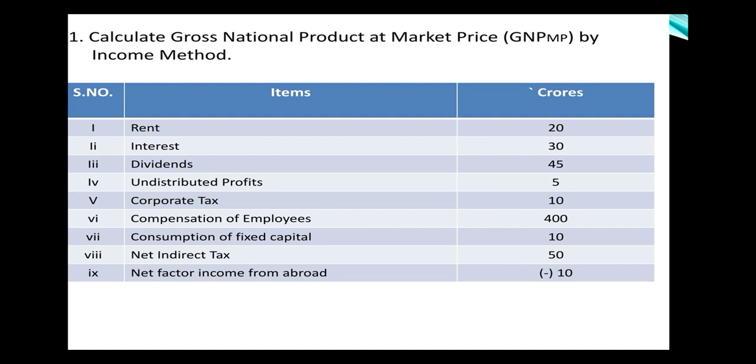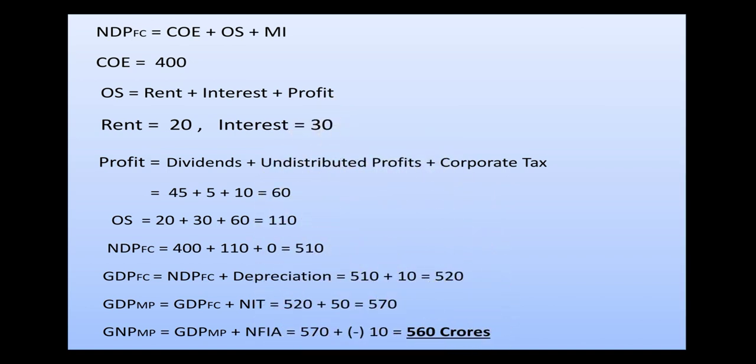They need not be subtracted or added. So we will find out the main items: rent, interest, and profit. Profit here is divided into three parts, that is dividends, undistributed profit, and corporate tax. Compensation of employees is given, but mixed income is not given. So we will calculate it like this.